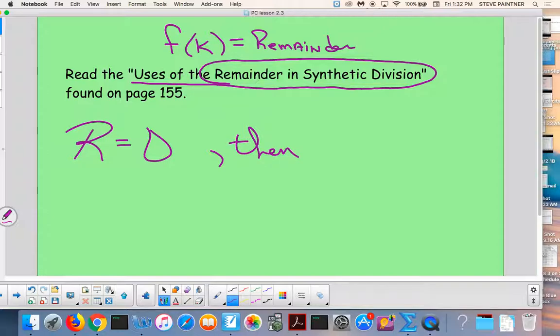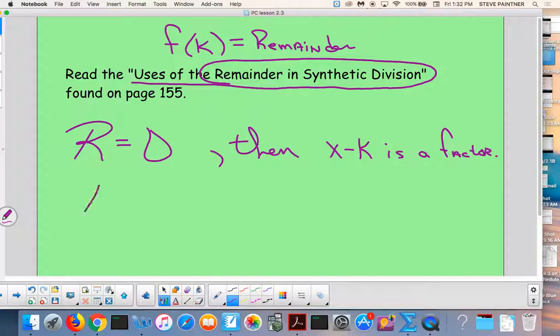Then x minus k is a what? A factor. So when you use synthetic division, this helps. I plug in k, I get the remainder to be 0. Well then x minus k is a factor.